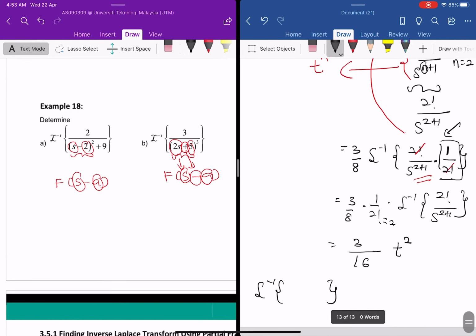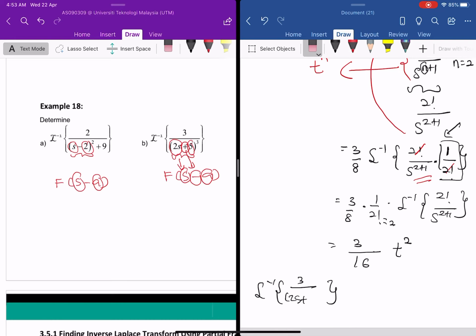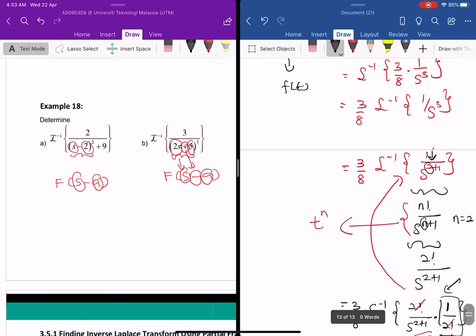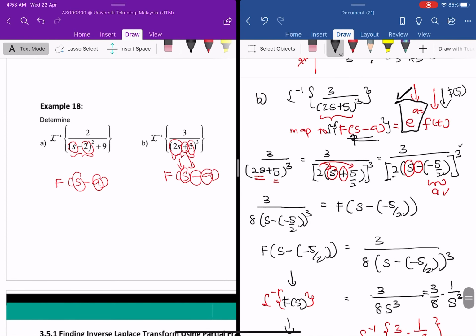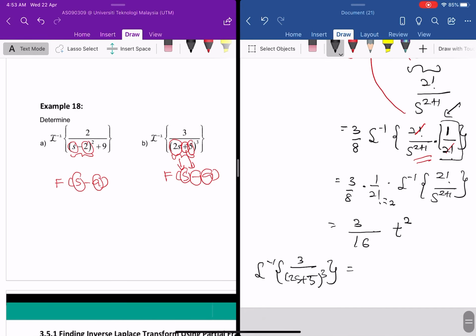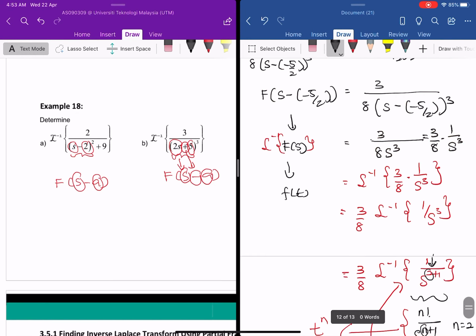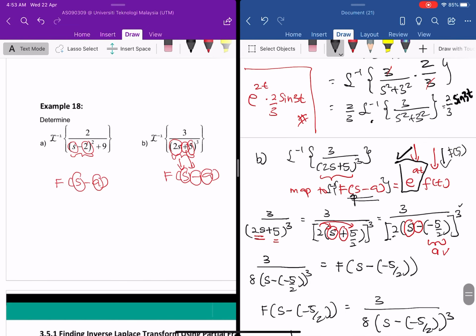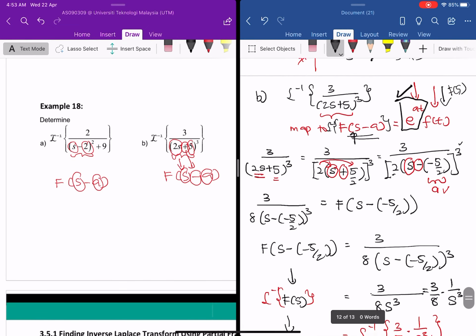Now, therefore, the Laplace inverse of 3 over (2s plus 5) to the power of 3, where was it? I said that we must obtain e to the power of at. Your a here will be what? Wait. Your a will be negative.